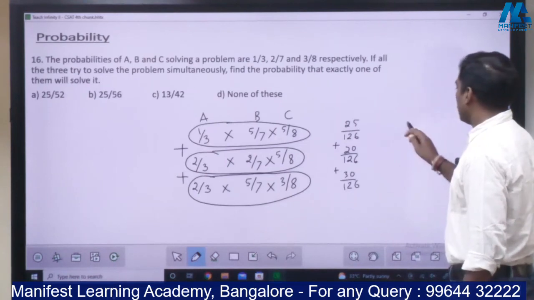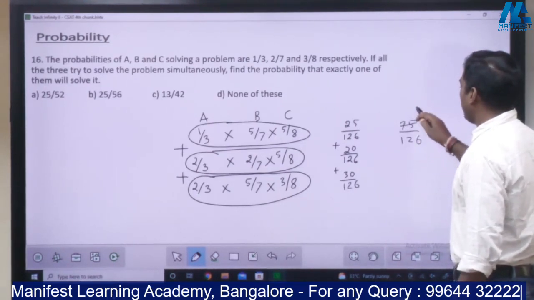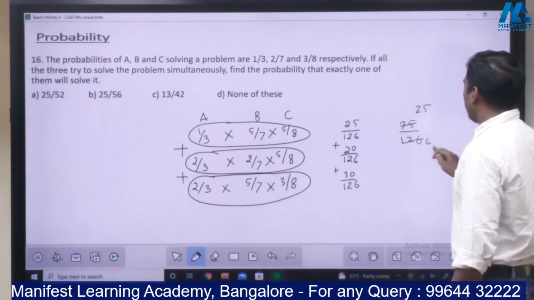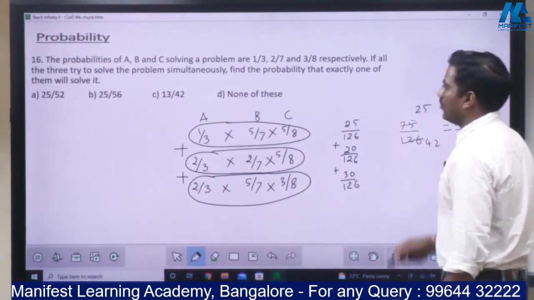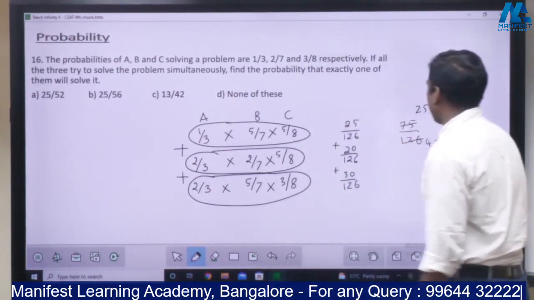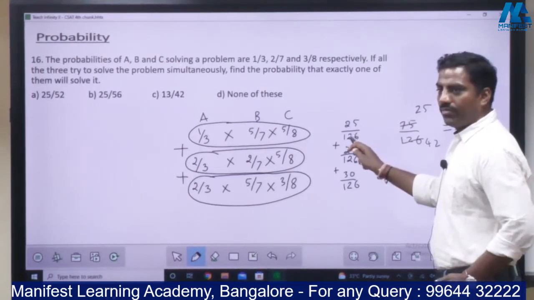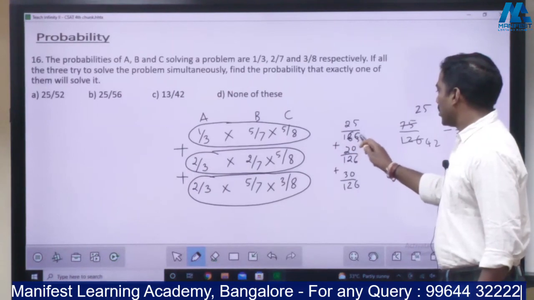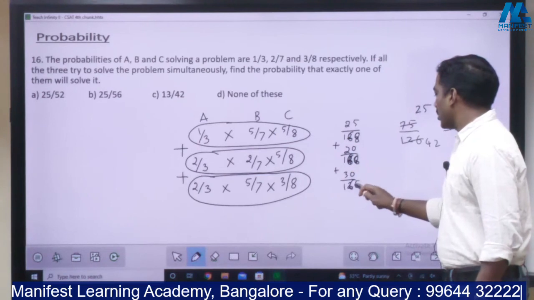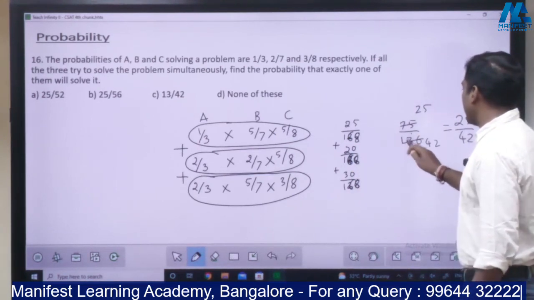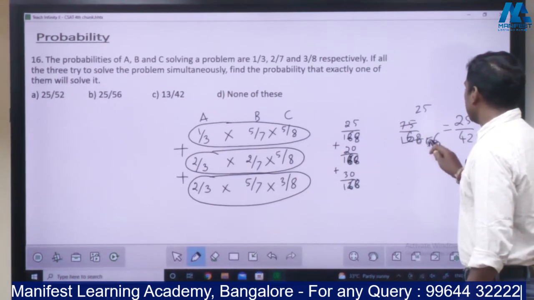That is 75 out of 126. 3 25s are and 3 42s are. So 25 by 42. Here I have gone wrong. It is 168, okay. So here also 168. We'll get here 56.